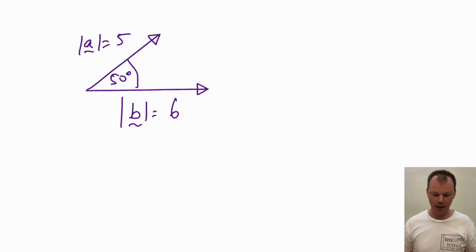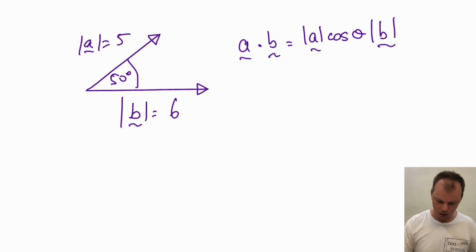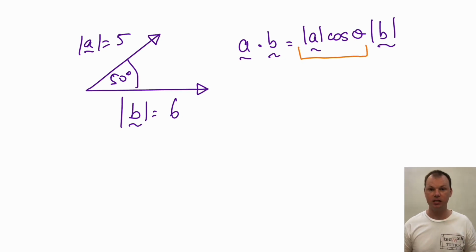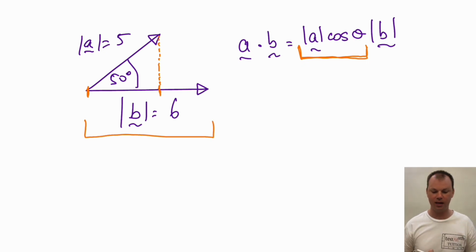The dot product between these vectors is the magnitude of A times cosine of the angle between them times the magnitude of B, where this first part here is just the scalar projection of A onto B. So if I draw that in here, we're looking for this length, my orange part here, and then we're multiplying it by the magnitude of B.